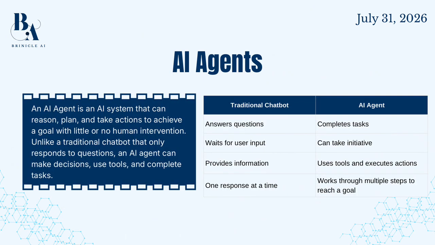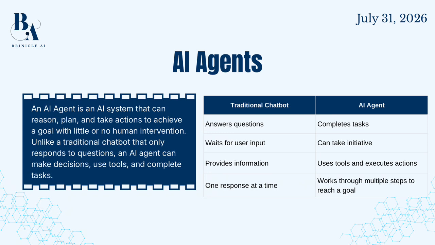If AI can understand text, images, audio, and more, what if it could also take actions on your behalf? That's where AI agents come in. So far, we have looked at LLMs, which are excellent at understanding and generating language, but they usually stop after giving you an answer.